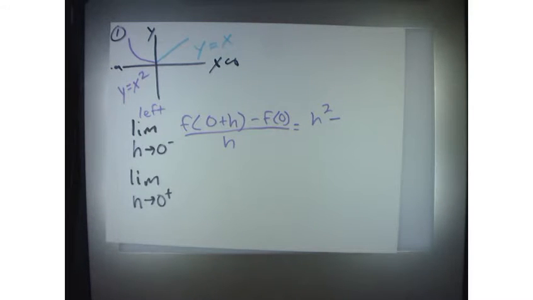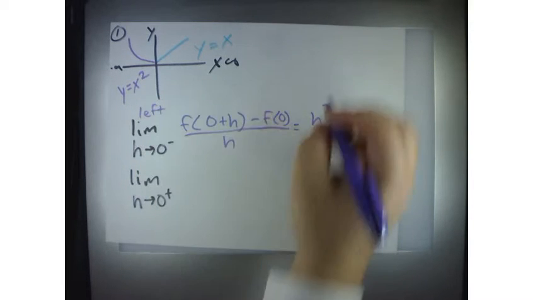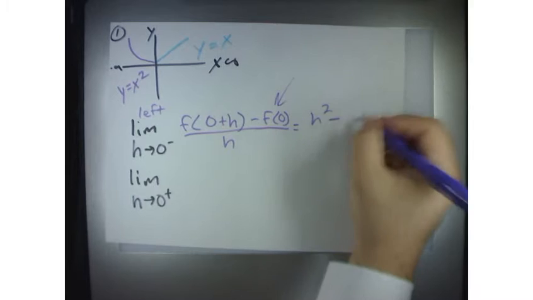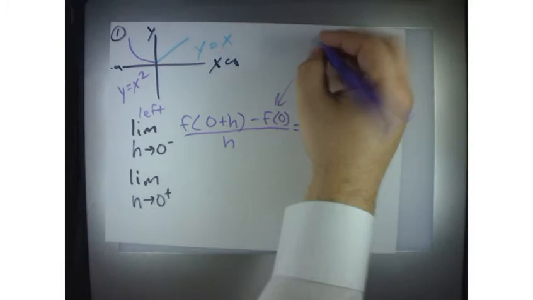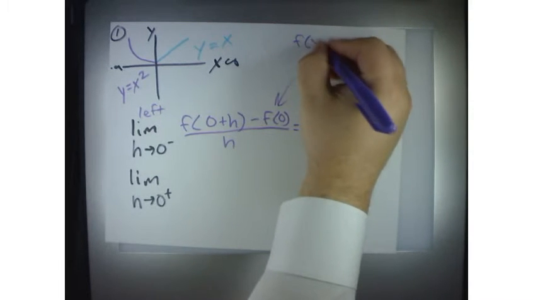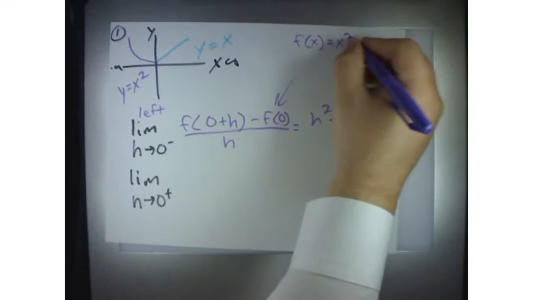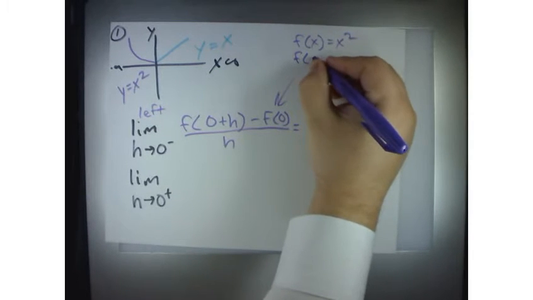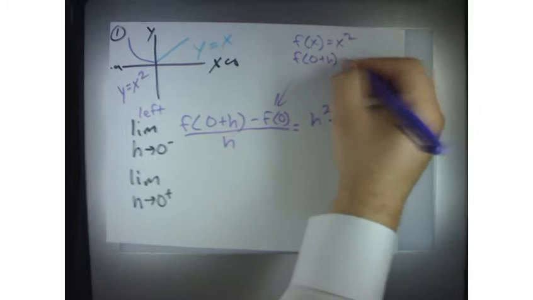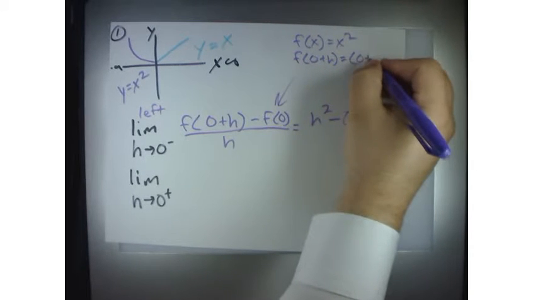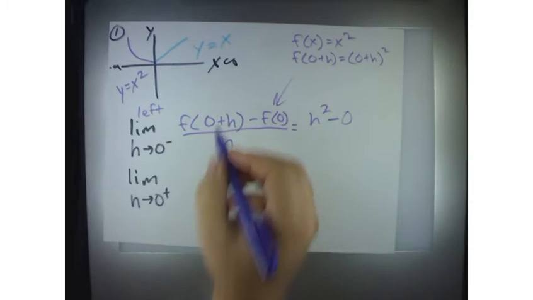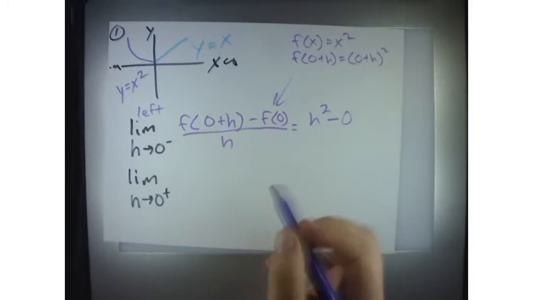So is it f of 0 plus h? Yeah, so you got to remember, this is 0, right? But what does it mean? If I say f of x equals x squared, then f of 0 plus h is equal to 0 plus h squared. But I'm just skipping the middle step.